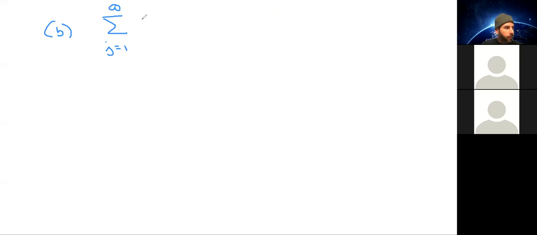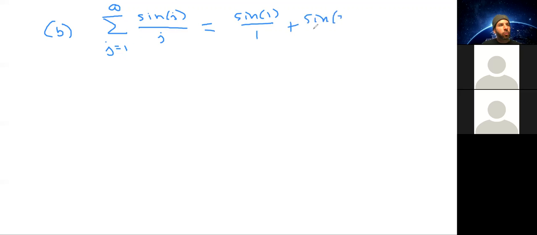The sum of the sine of J over J, and this thing would be the sine of 1 over 1 plus the sine of 2 over 2, etc. This guy may or may not converge.